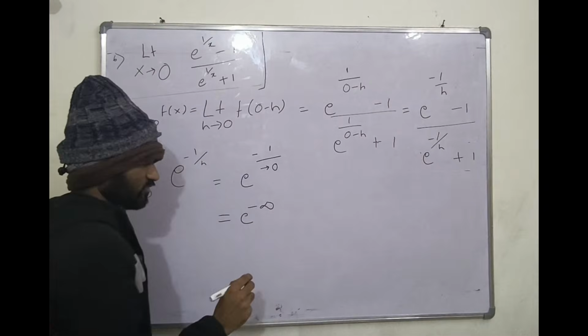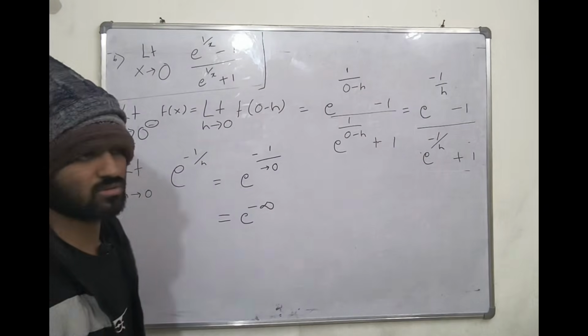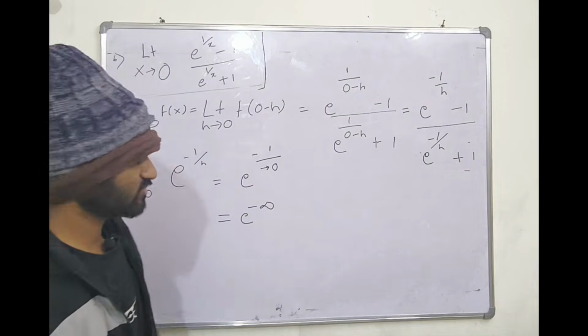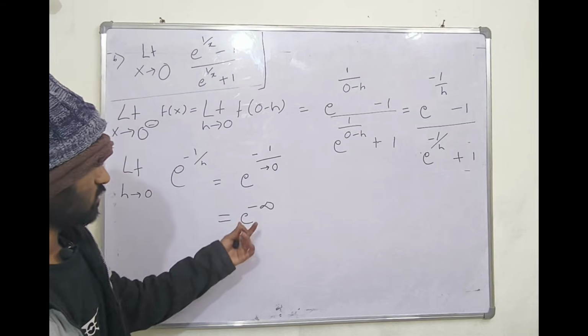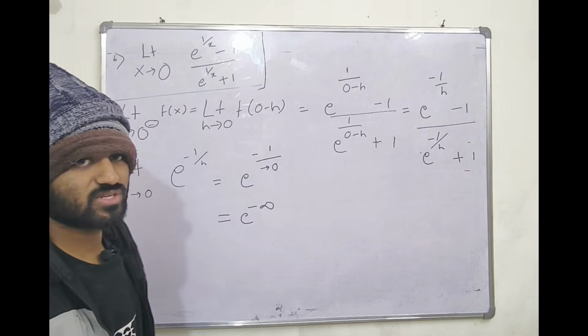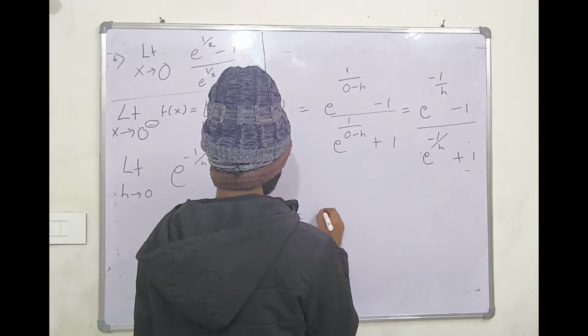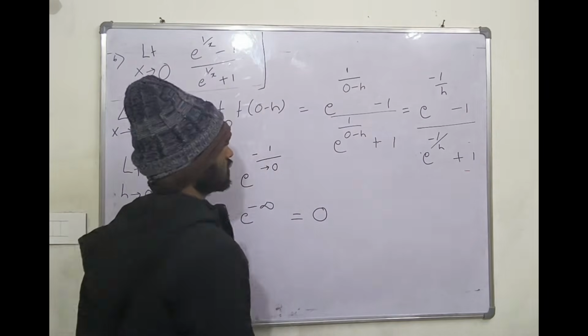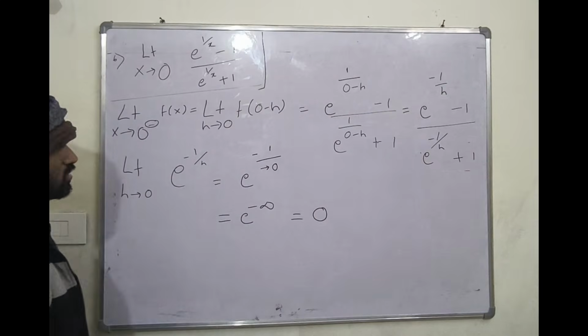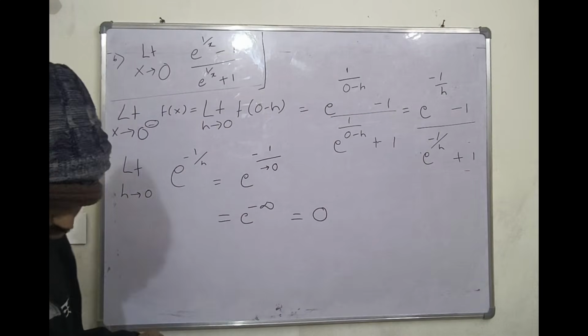If you see the graph of e power x, at x equals minus infinity it is 0. So you can substitute this value there.